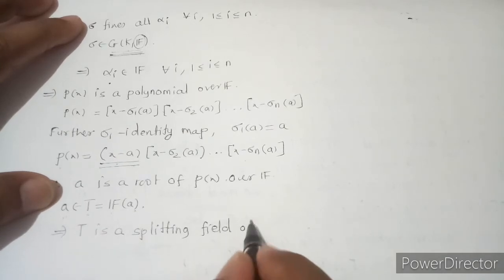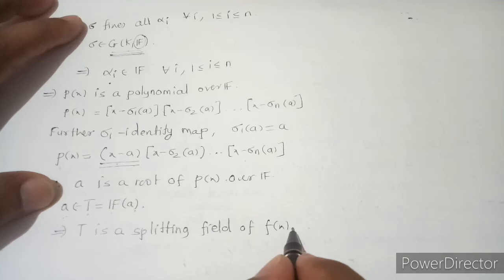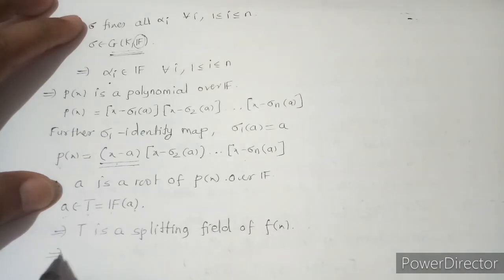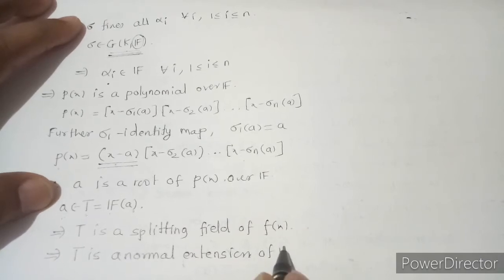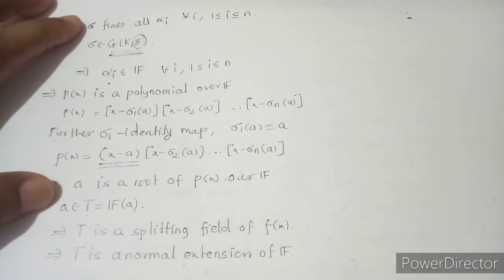T is a splitting field of f of x. But this proves that T is a normal extension of F.